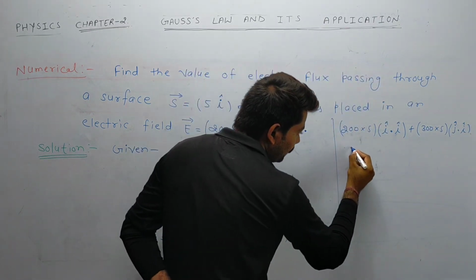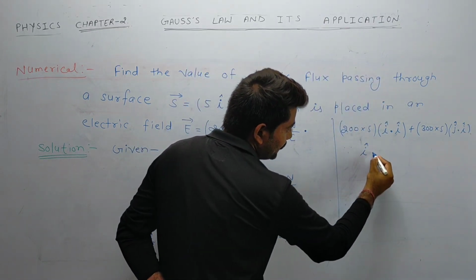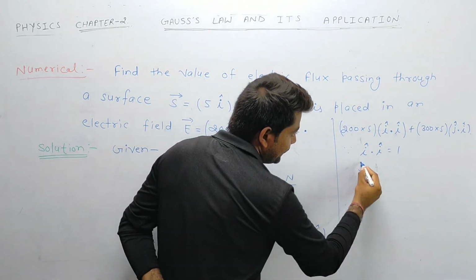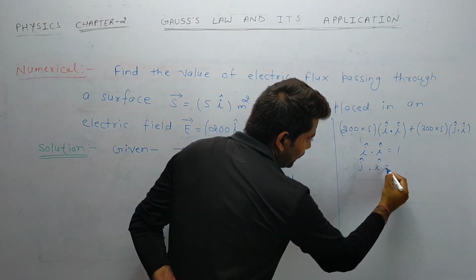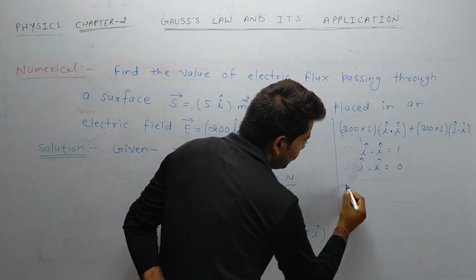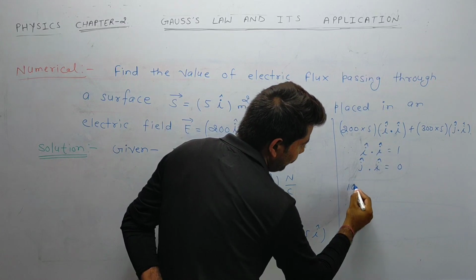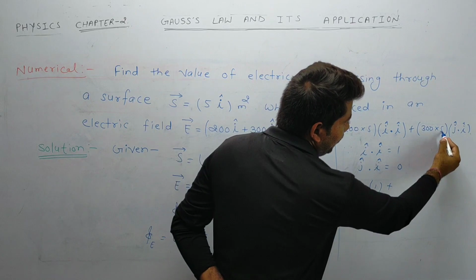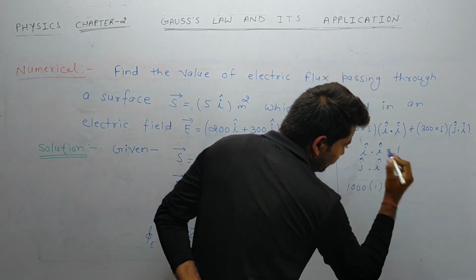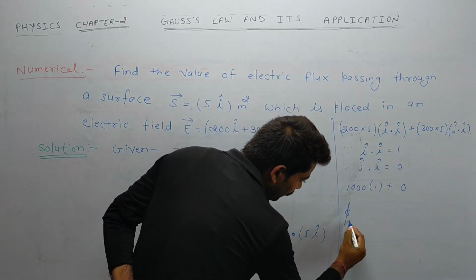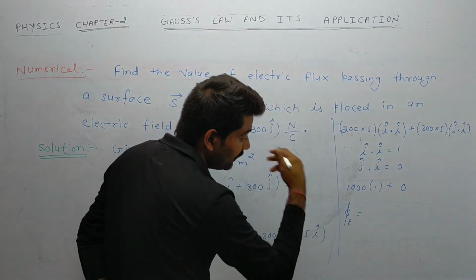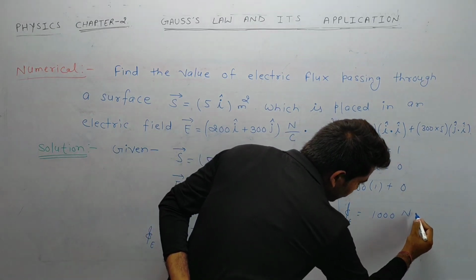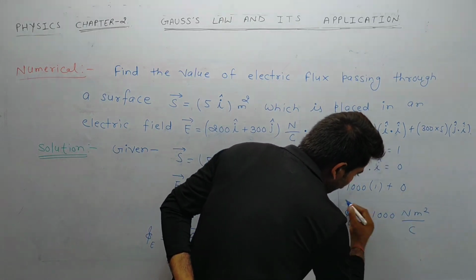We know about the dot product of unit vectors: i cap dot i cap is equal to 1 and j cap dot i cap is equal to 0. So we get 200 into 5, that is 1000, times i cap dot i cap 1, plus 300 into 5 times j cap dot i cap, which is equal to 0. Now the value of electric flux passing through the given surface is equal to 1000, and the unit is Newton meter square per Coulomb.